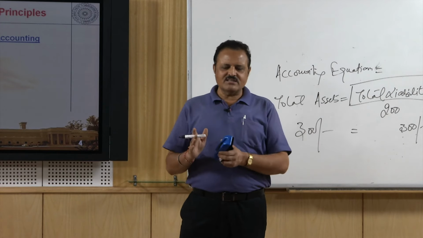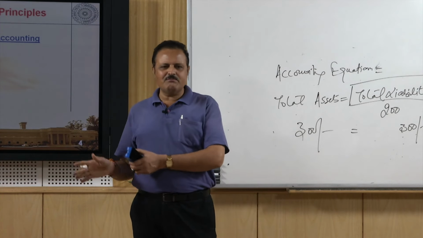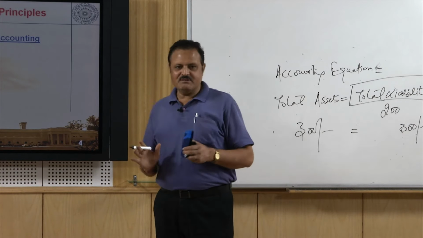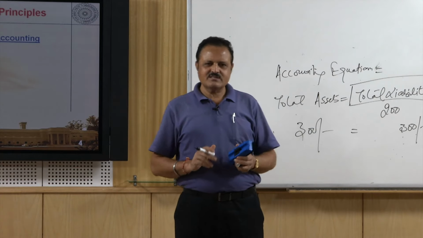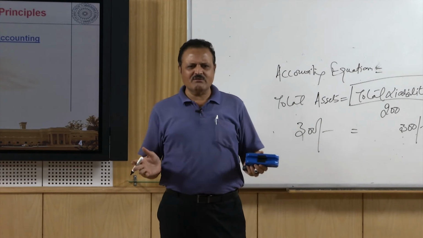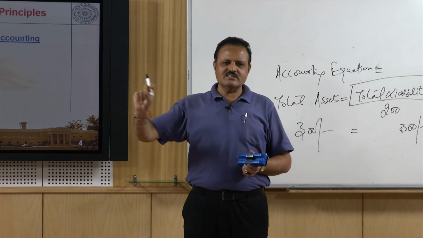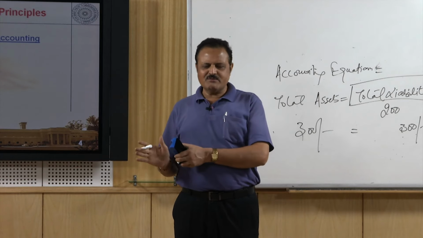But in the case of the other forms of organization, partnership firms, private limited companies and public limited companies, it is not the same. Especially in public limited companies, for example, the companies which you see in the market, Reliance Industries, Infosys, Wipro, or any number of companies you talk about, whose name has the word Limited, they are called public limited companies.